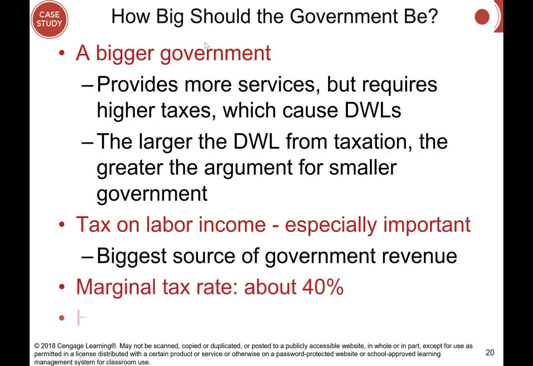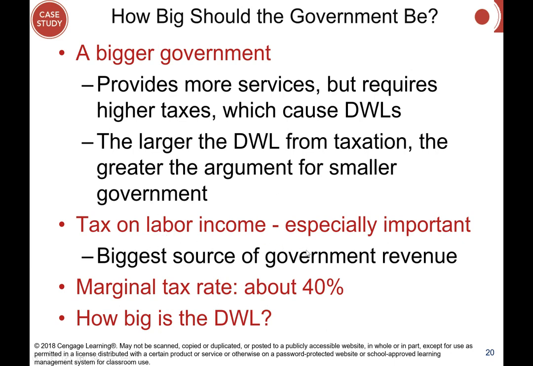Case study: how big should the government be? A bigger government provides more services but also requires higher taxes, which causes deadweight loss. The larger the deadweight loss from taxation, the greater the argument for smaller government.